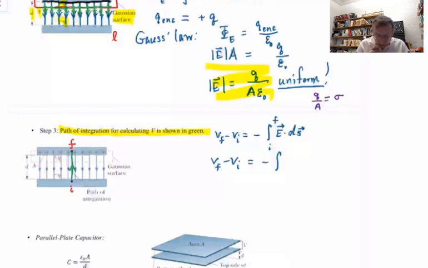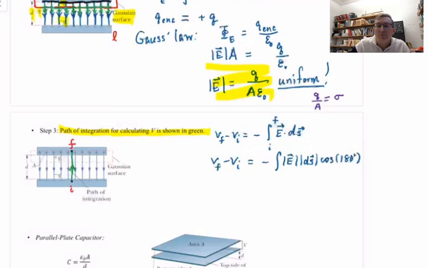So my ds is up, but my E is down. So when I do this dot product, to be technically correct, I need magnitude E, magnitude ds, times cosine of 180 degrees. Remember, the cosine of 180 degrees is negative 1.